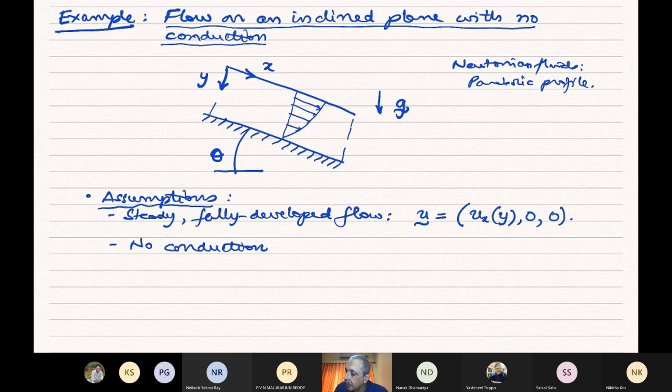And if you look at the boundary conditions, then what you have is that ux is equal to 0 at y equal to h. Let's call this distance h. And then what is the boundary condition at y equal to 0?